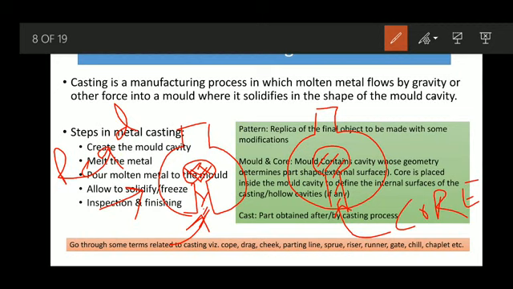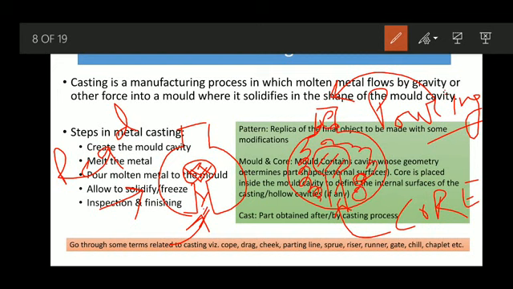After this, if I pour the molten metal, what will happen? This portion will get filled up, and this hashed portion will not get filled up.